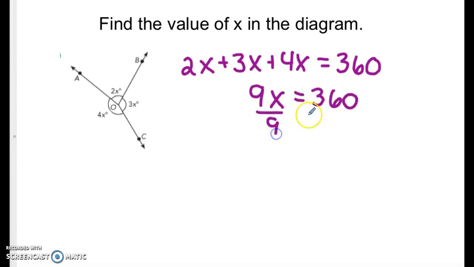We can divide by 9 on both sides, and we get x equals 40. So it asks us to find the value of x, and we got x equals 40. You could go farther and find the value of each angle now. So go ahead and do that on your own in your notes.